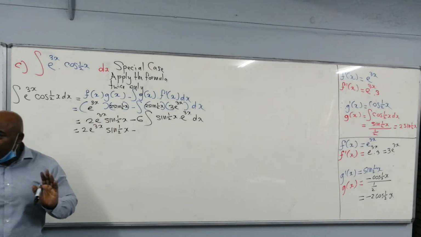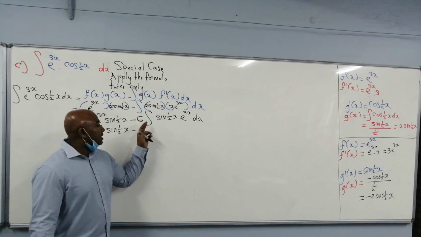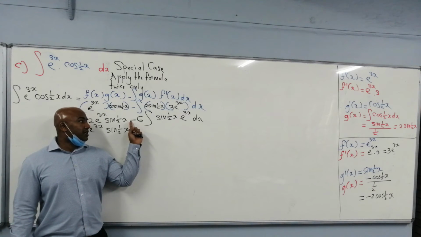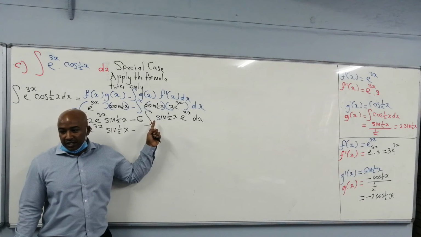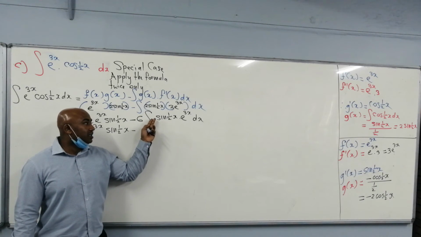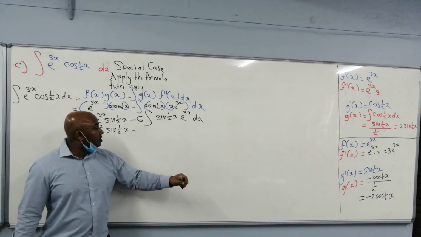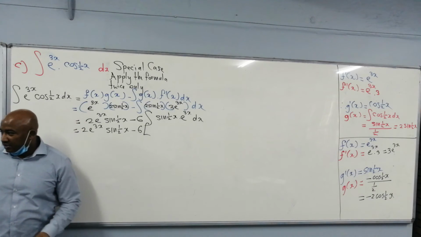Now watch how I'm going to introduce my brackets here. Right, so I got minus 6. How do you read this? This means minus 6 multiplied by my integration here. We are multiplying minus 6 by the integral of sine of whatever this is. Therefore I got my minus 6 times open bracket. Can you see that?